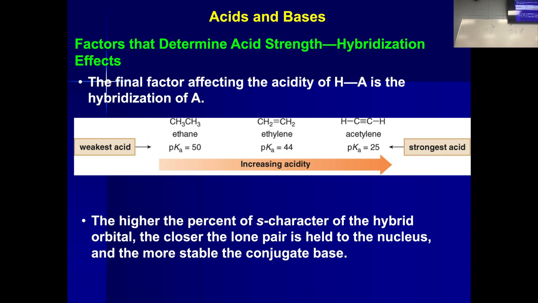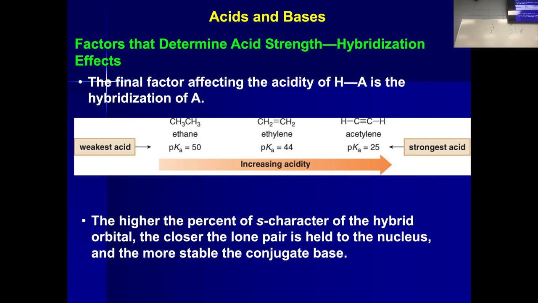And acetylene, since it's sp, it's 50% s character. Why would putting a negative charge on an atom that has more s character stabilize it? What did we learn about the s orbital? It's a sphere. Does it have a node? Those electrons can get really close to the nucleus.